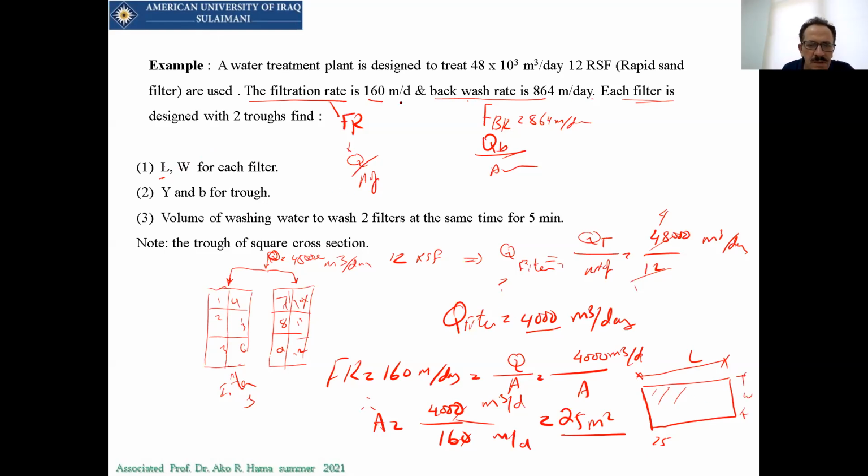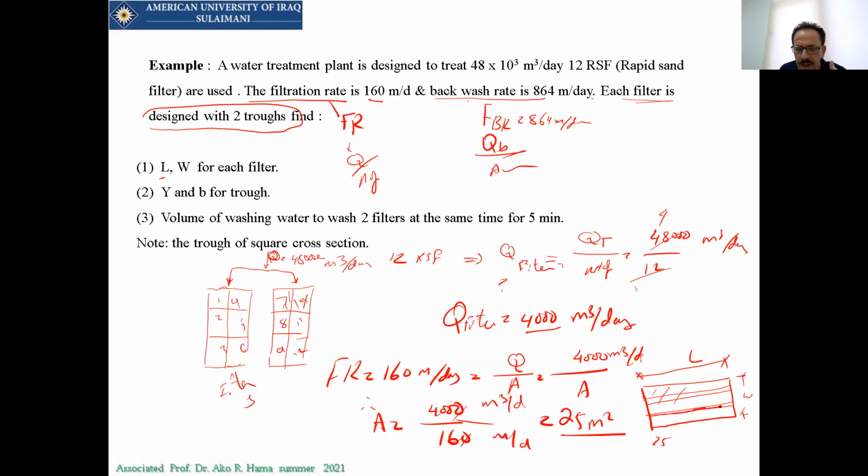It has been given to you that we need 2 troughs to be used in this filter. The troughs are used for collecting all the filtered materials, and it will be put in the longitudinal direction. So 2 troughs, here's 2 troughs.